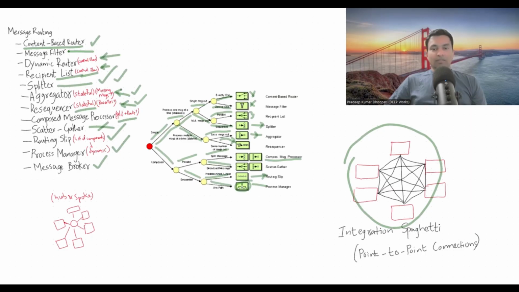For this reason, if the point-to-point channels are growing in large numbers, you have to look for a message pattern called message broker, which is a hub and spoke model, which will essentially have a hub where all the message processing happens, and based on the conditions met, it will be routed to different apps which are like spokes. I'll stop here.